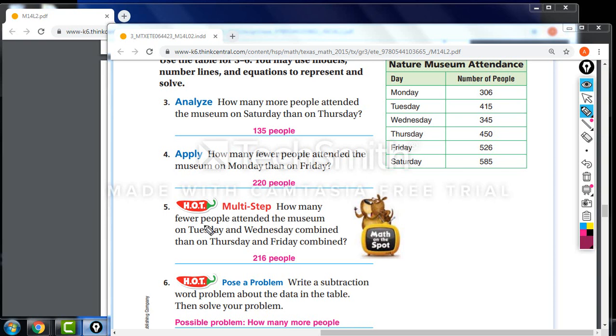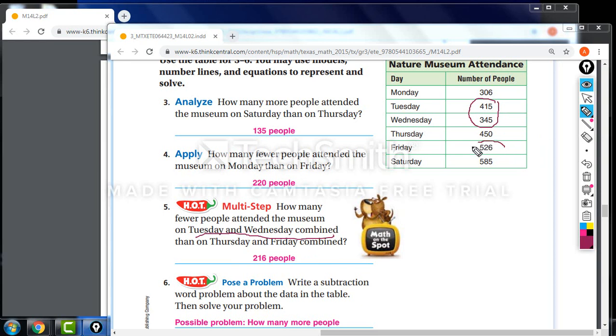How many fewer people attended the museum on Tuesday and Wednesday combined than on Thursday and Friday combined? So Tuesday and Wednesday, you have to combine those two. Then Thursday and Friday.